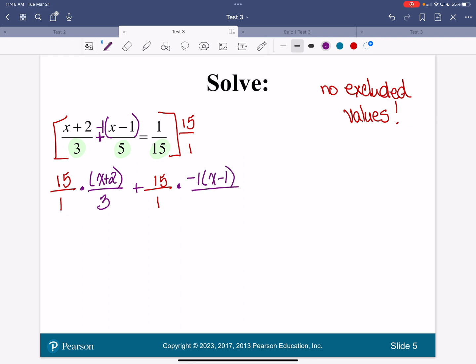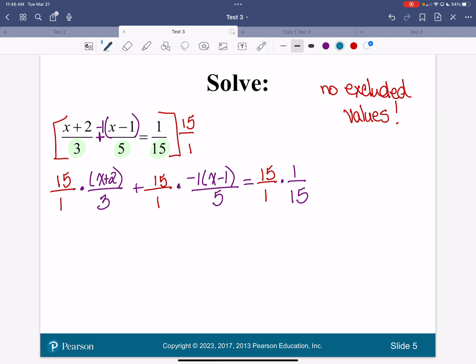You could have distributed that already if you wanted to. That would have been okay. And then I've got 15 over 1 times 1 over 15. And again, just like with those complex fractions, I encourage you to pause. Make sure in purple that you've got your original problem written down, and then in red, I am multiplying everything by my LCD.